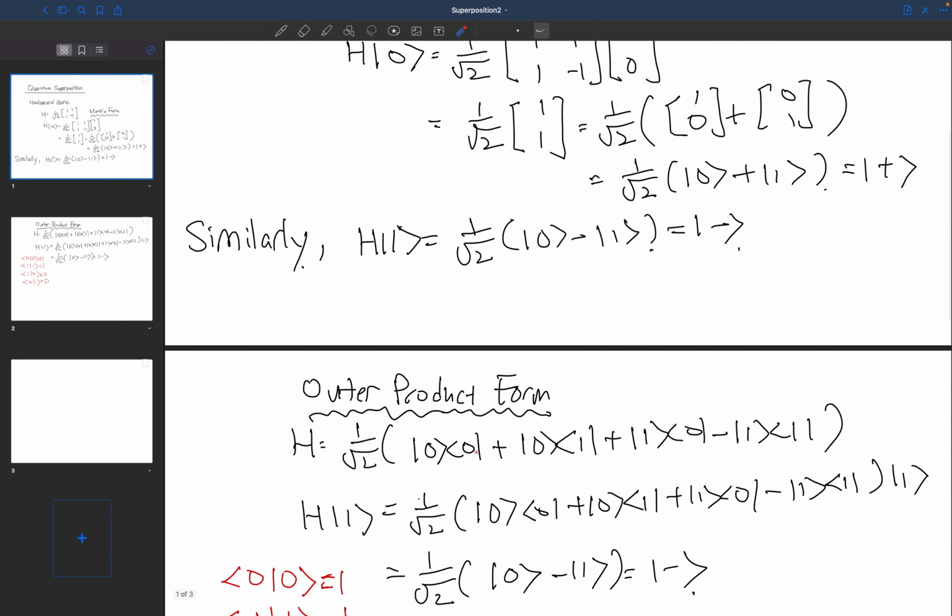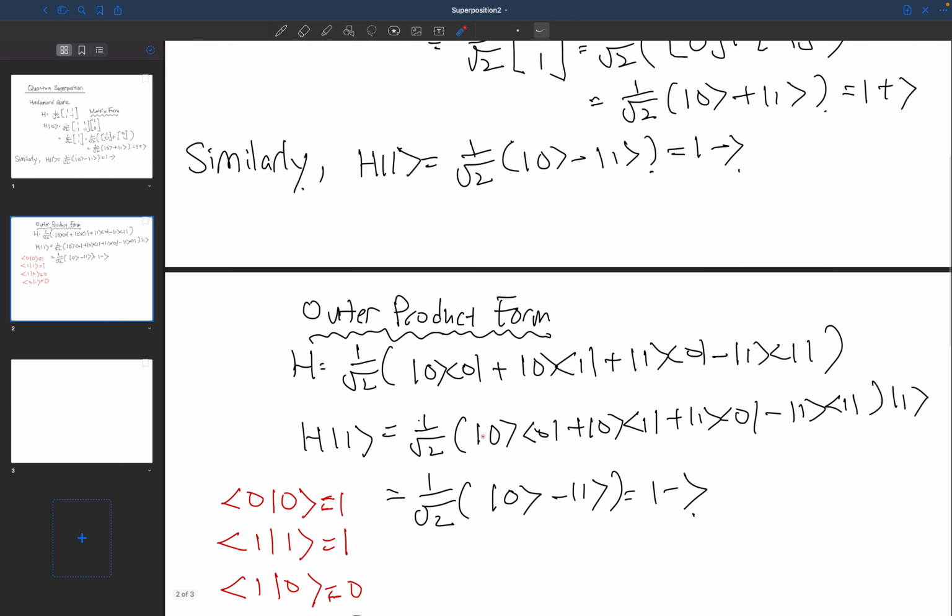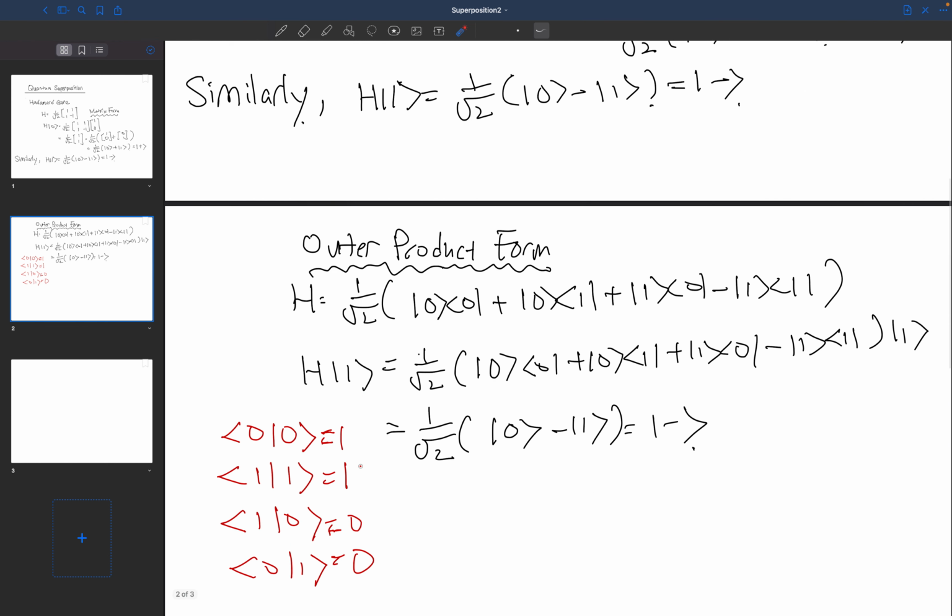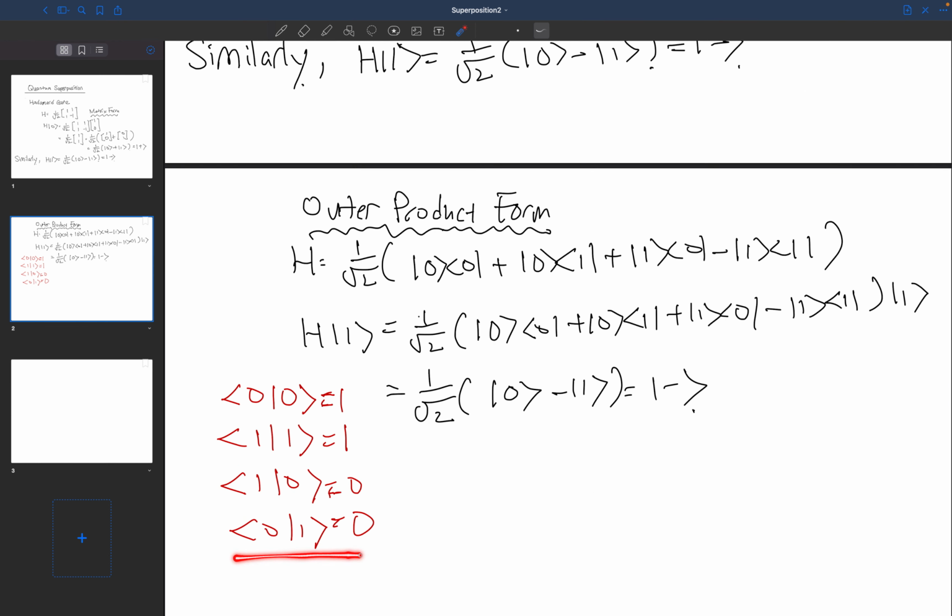We can also represent the Hadamard gate in the outer product form. And if you apply a Hadamard gate to a Cat1 state, and given this orthonormal relationship for the basis vectors, you can work out that a Hadamard gate on the Cat1 will yield a superposition state with a negative sign here, and that is the Cat minus state.